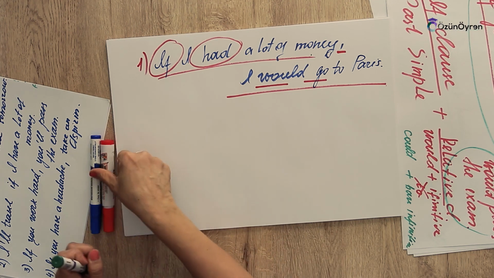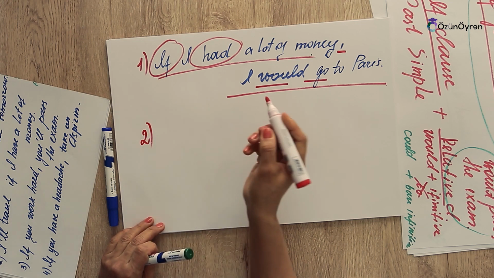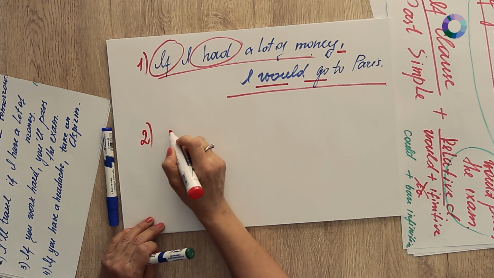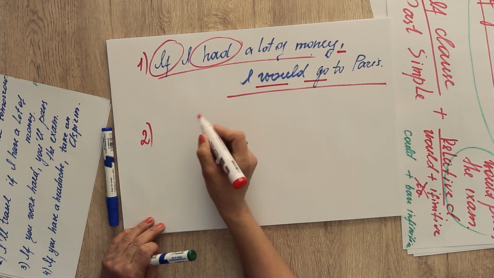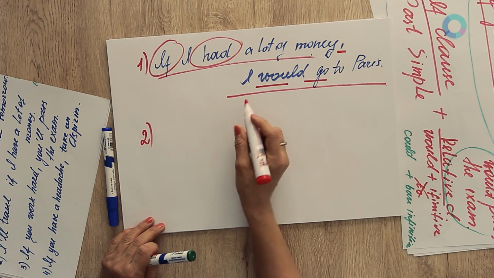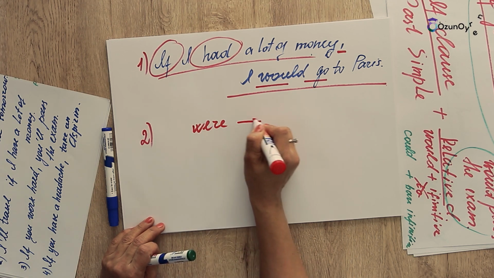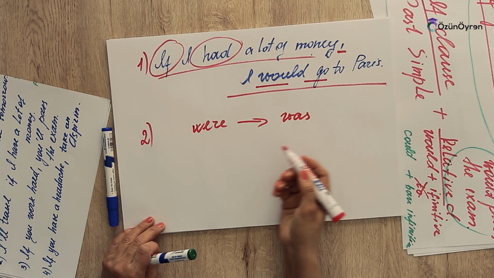Then I can also state that here we use were instead of was when we want to use to be.